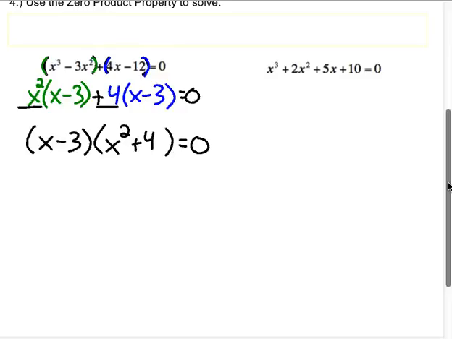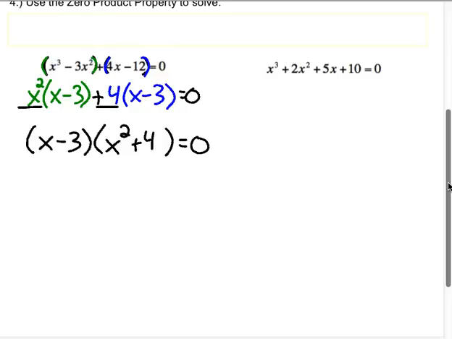It seems a little strange, but when you get in the habit of it, it's a really easy technique. Group the first 2 things, group the last 2 things. When you get that same parenthesis pulled forward, those leftovers make your second parenthesis. Don't worry, I have a couple of examples, so you will see this time and time again.